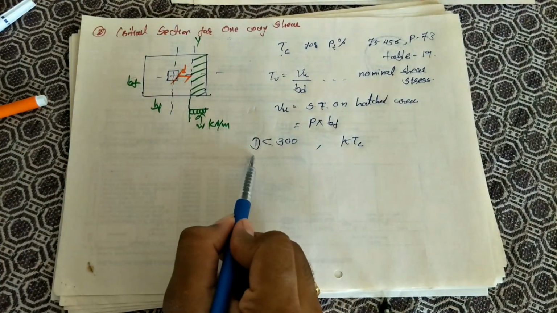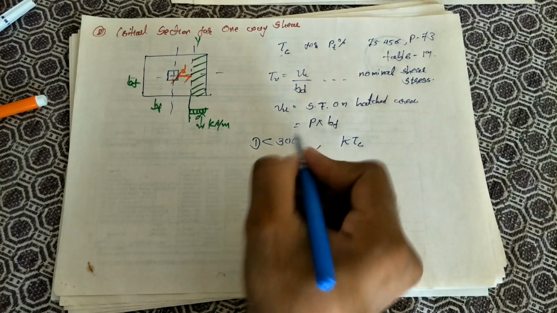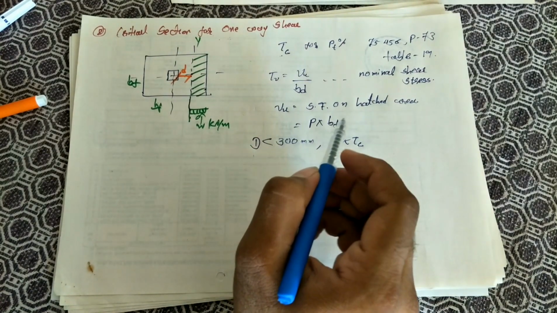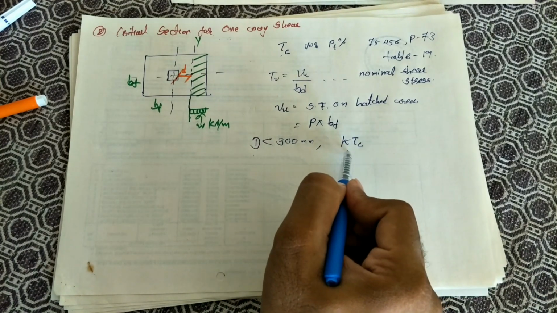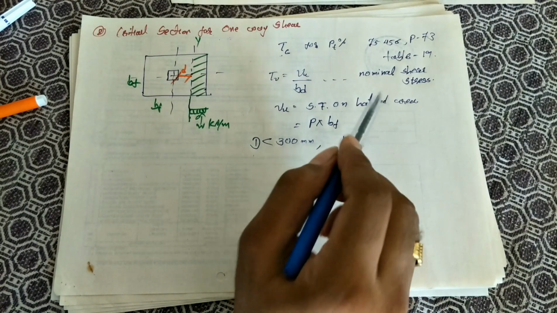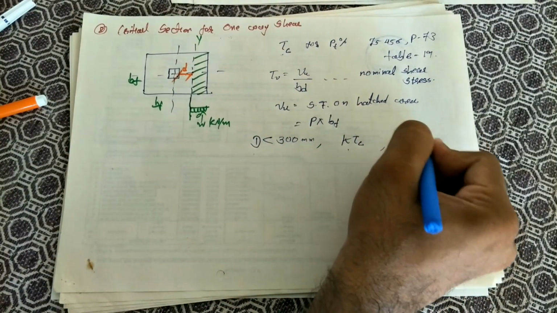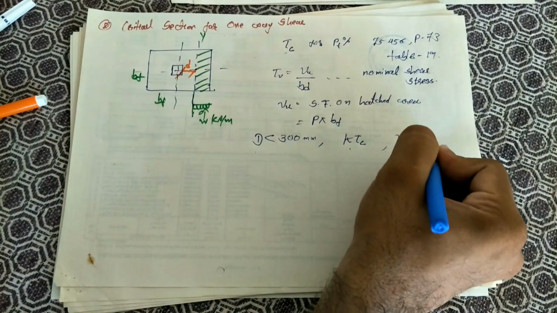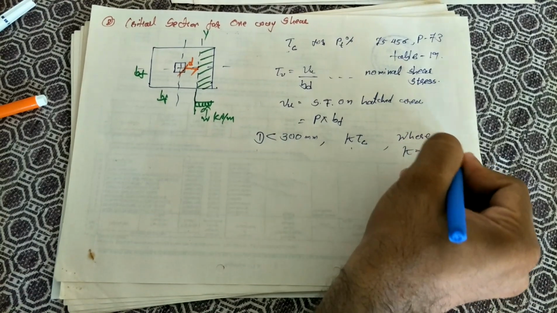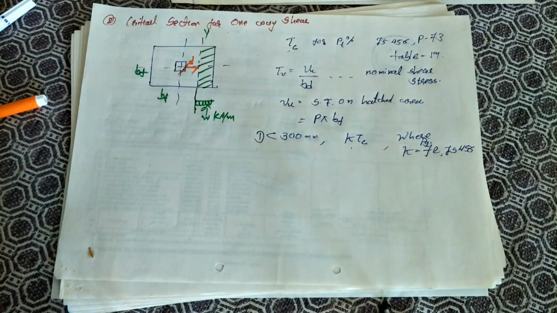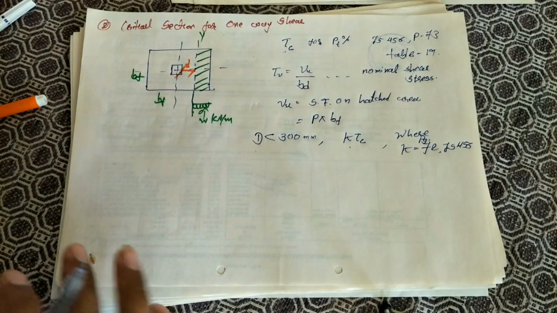If the depth of the footing is less than 300 mm, then the design shear strength of concrete is taken as K into tau c, where the value of K you will have to take from page number 72 of IS 456.